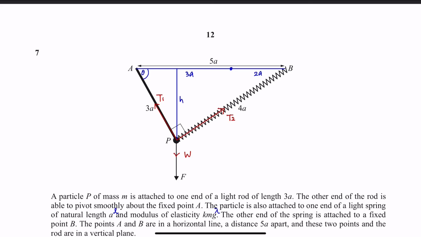So if we consider the horizontal component, we know that this is theta and this is 90 minus theta. So this would be T1 cos theta, and this would be T2 cos 90 minus theta, which is also equals to sine theta.